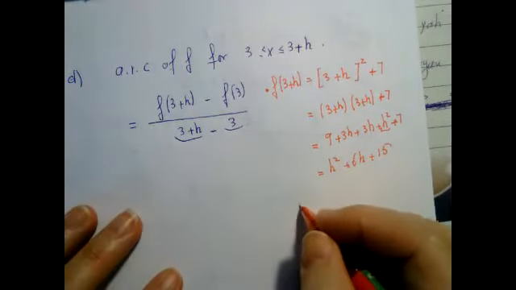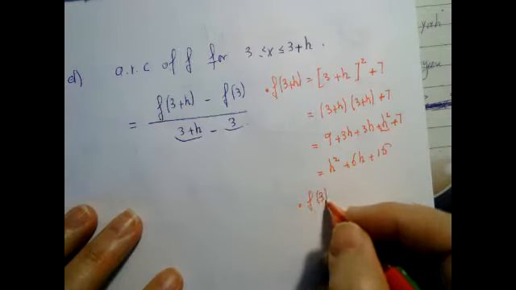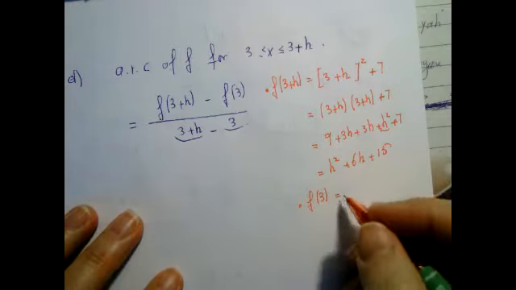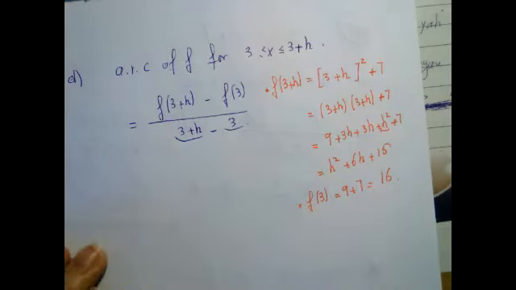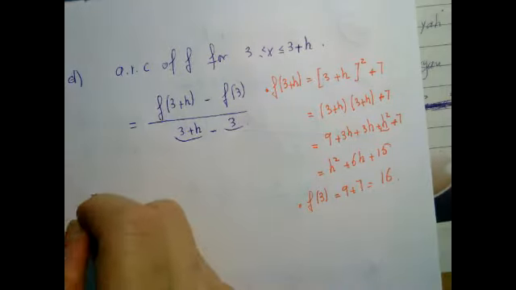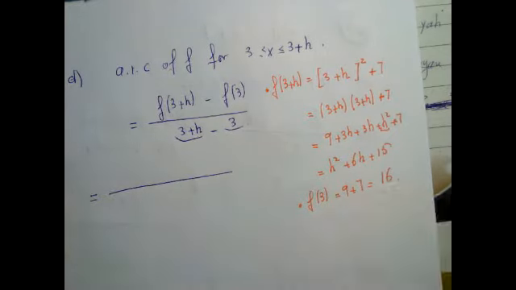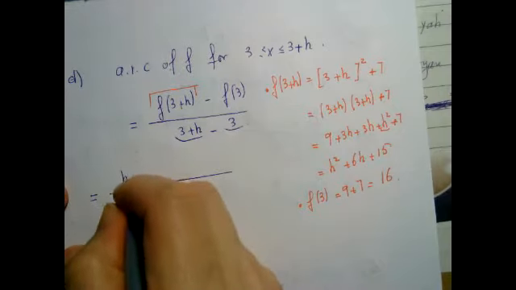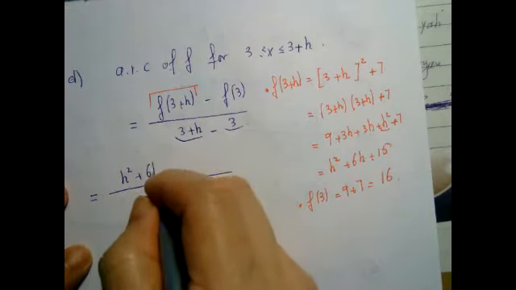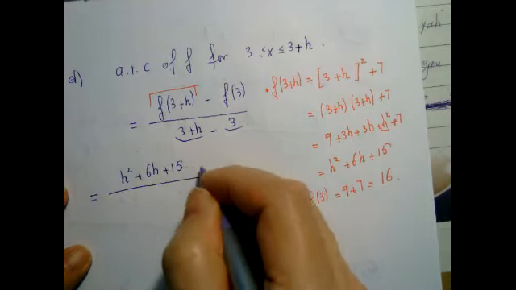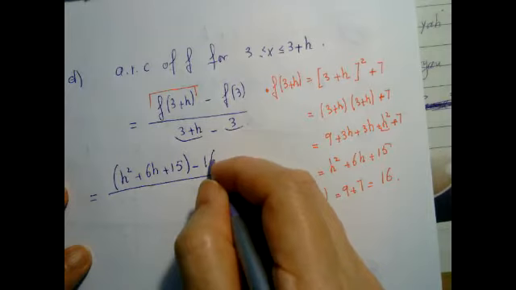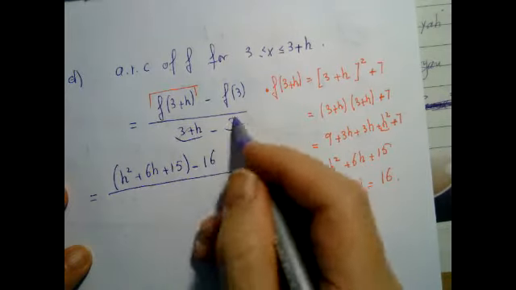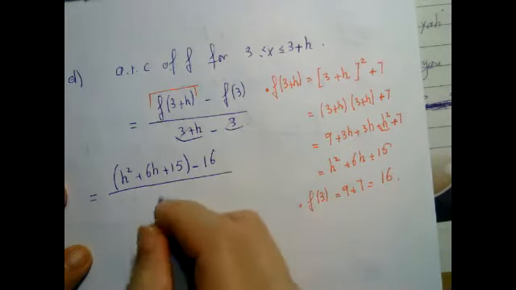Now I need f of 3, but we did it a minute ago. f of 3 was 9 plus 7, which gave me 16. Now I computed the pieces. Now I'm going to plug everything back. So it's this expression, which is h squared plus 6h plus 15 minus f of 3, which is 16. 3 plus h minus 3, the 3 minus 3 cancel each other out.